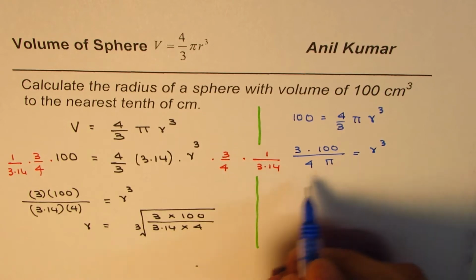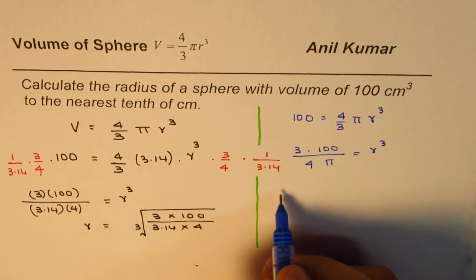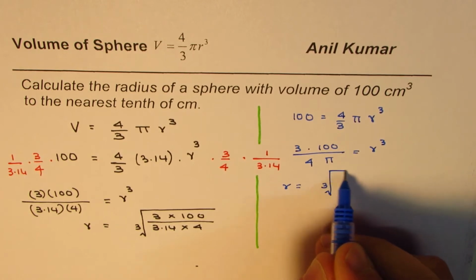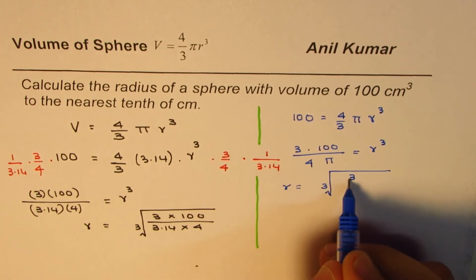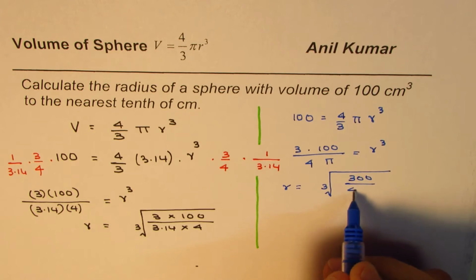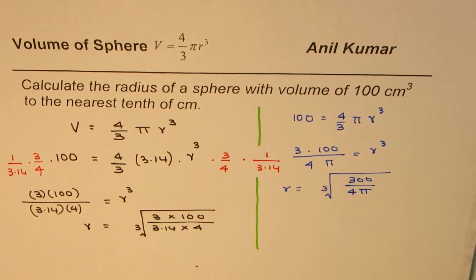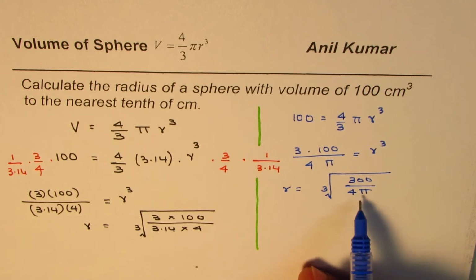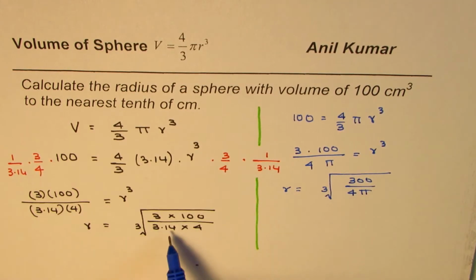And then we can calculate r by finding the cube root of this. So r equals the cube root of 300 over 4 pi. Is it okay? So this is another way, but the same thing, do you see? But I'm using pi here, not 3.14, which is approximate, but close enough.